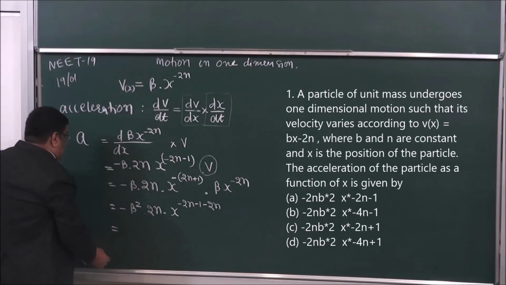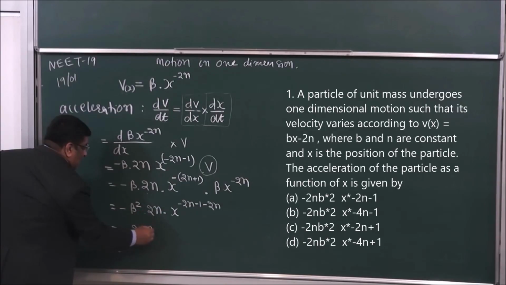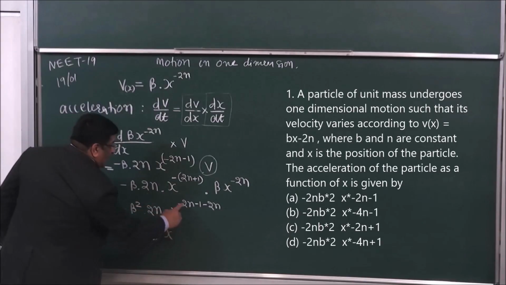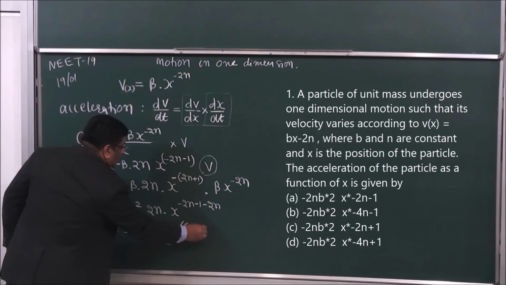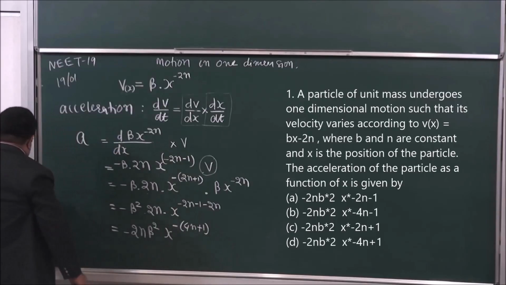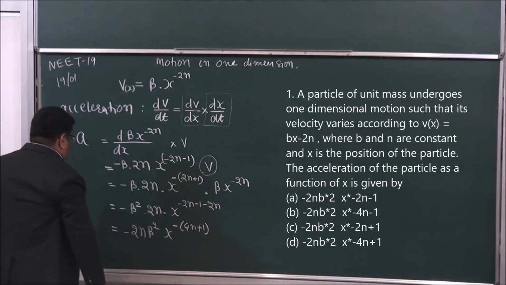So this is minus 2n beta square x to the power minus, this is 4n plus 1. Okay, let us see whether we have any such option.